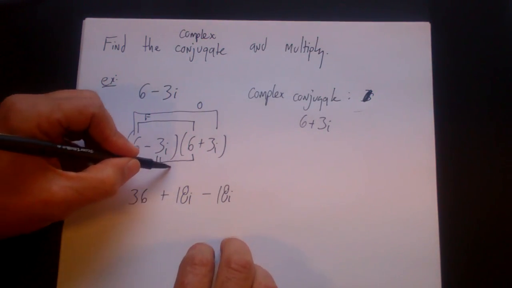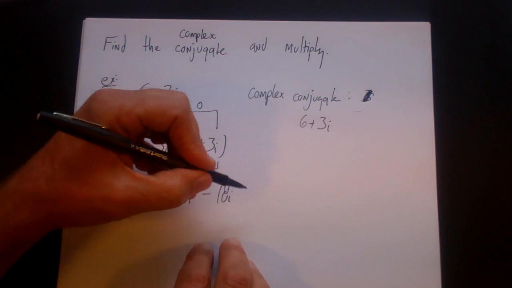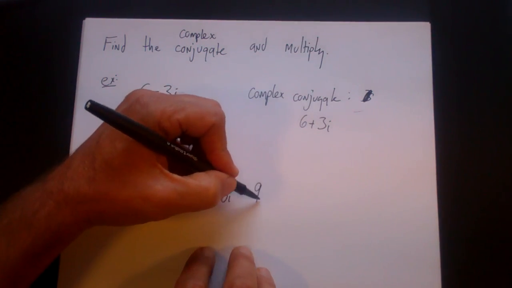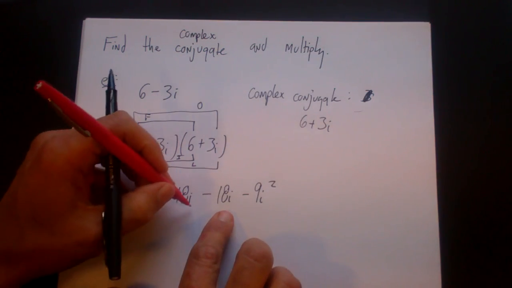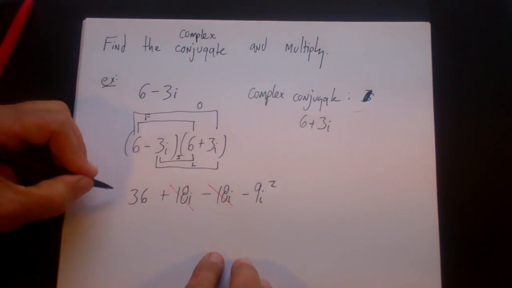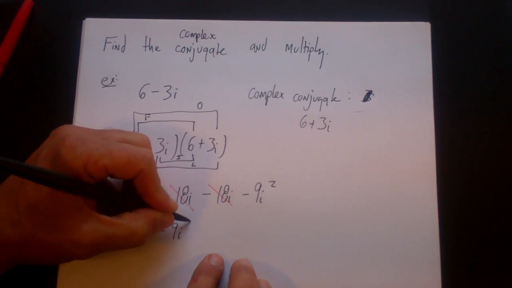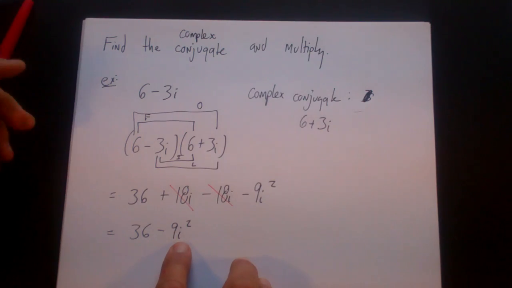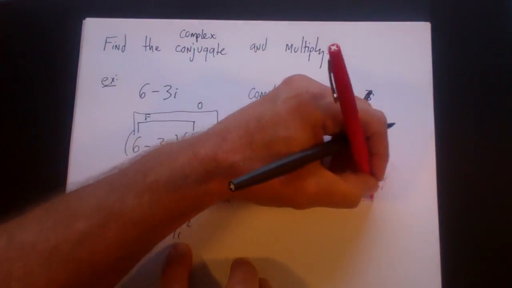And then last would be negative 3i and 3i, which would be a minus 9i squared. Let's combine like terms. If you notice, there's an 18i and a negative 18i, so those two cancel. So you have 36 minus 9i squared. And remember, i squared is equal to minus 1.